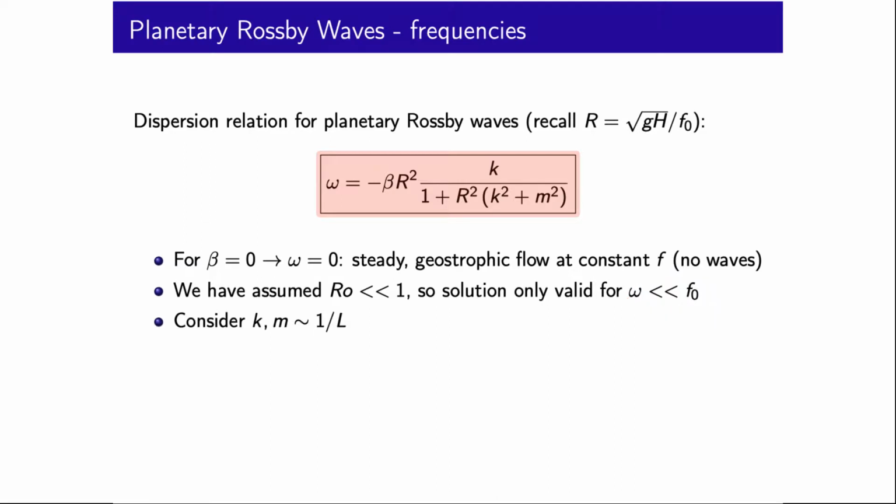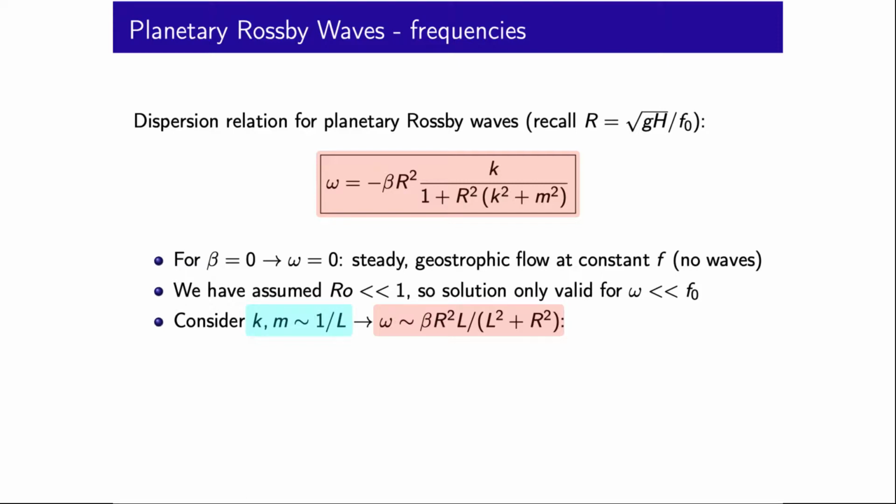Now if we think of k, m as 1 on L, some length scale, it follows that the perturbation frequency omega will go as beta times the Rossby radius squared times the length scale L on L squared plus R squared.